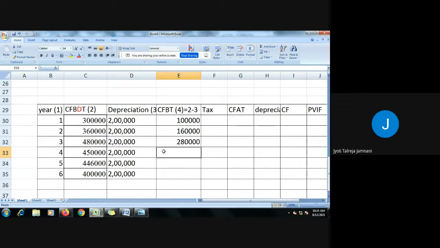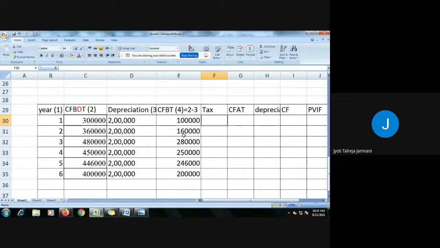Then 4 lakh 50 minus 2 lakh is 2 lakh 50. 4 lakh 46 minus 2 lakh is 2 lakh 46. And 4 lakh minus 2 lakh is 2 lakh. So these are the cash flows before tax.